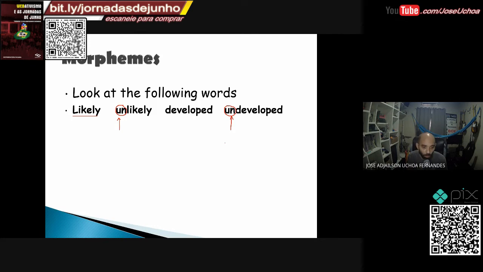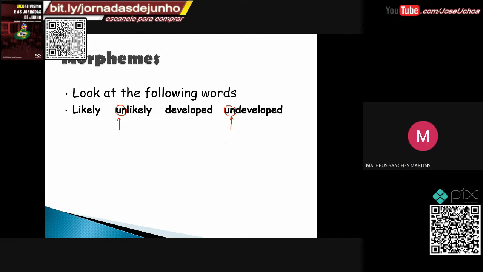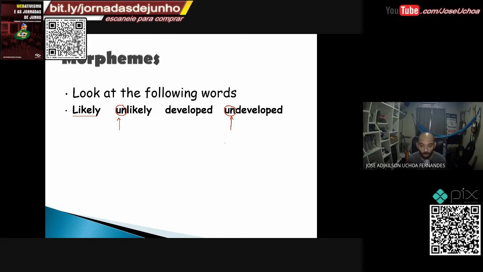For example, give me more examples of your own. Unfortunately, which is exactly the opposite of fortunately. And we have other parts of the word, like this final ly in unlikely. They share this final ly that is also meaningful.